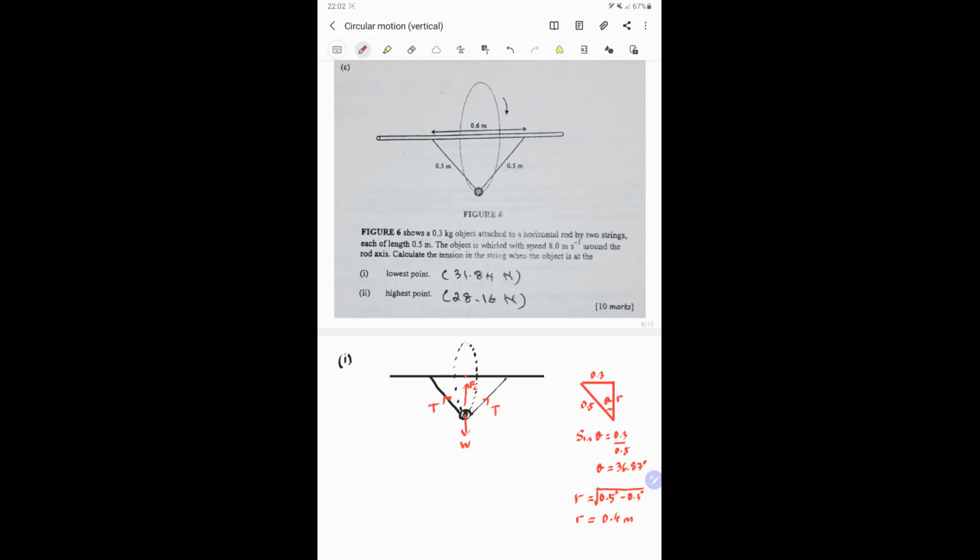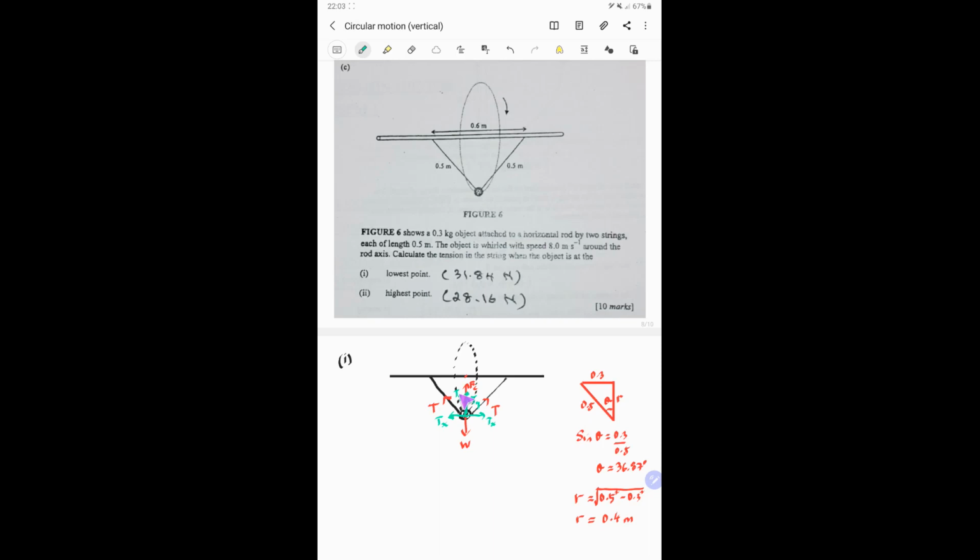Okay, so now we need to resolve T, isn't it? By resolving T, you will get TX and also TY. How many TY do we have? One TY, another one TY, so 2 TY, isn't it? Okay, so this is FC. FC is directed upwards.